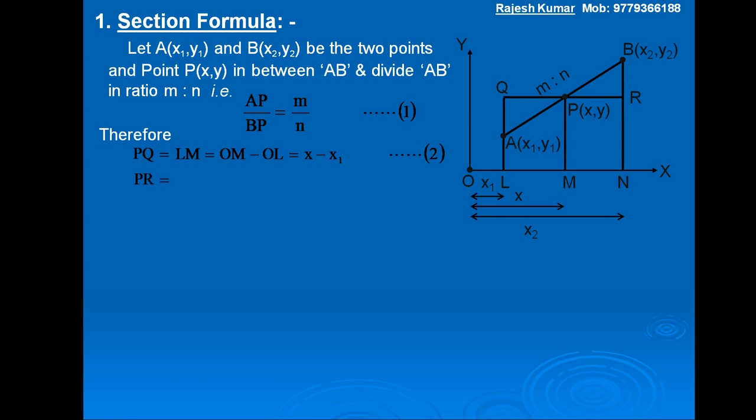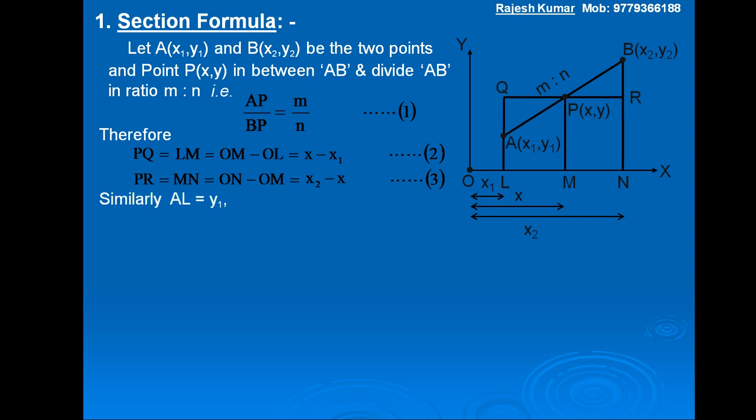And PR is equal to MN, and it is equal to ON minus OM, which is equal to x2 minus x. Suppose it be equation number 3.